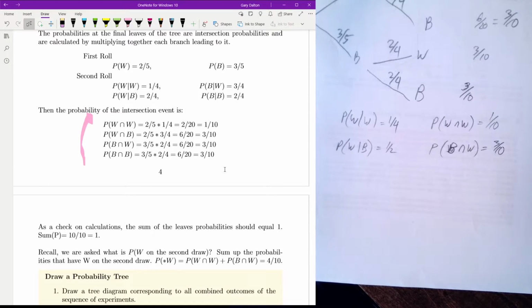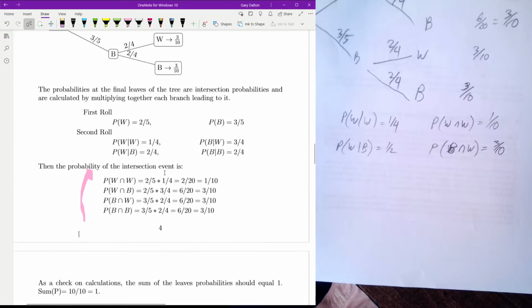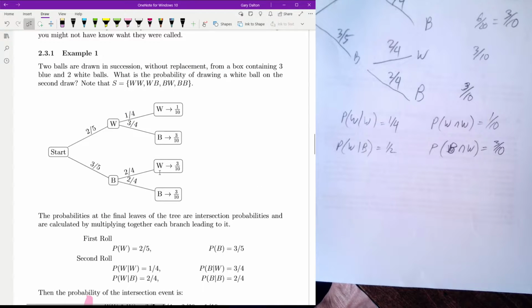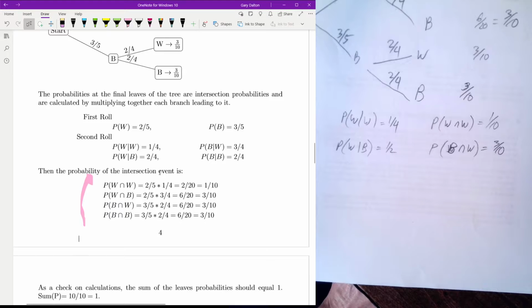And recall, we are asked, what is the probability of white on the second draw? Is that what we were asked? Let's double check. What is the probability of drawing a white ball on the second draw?